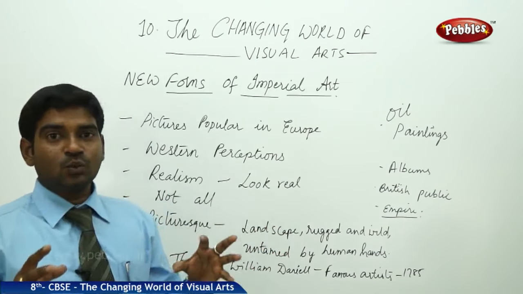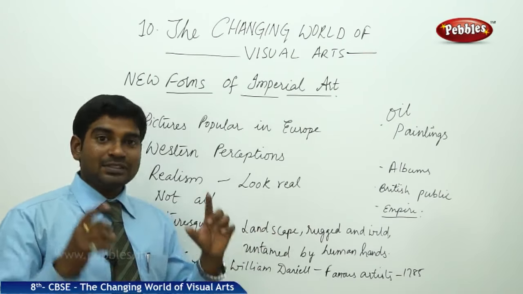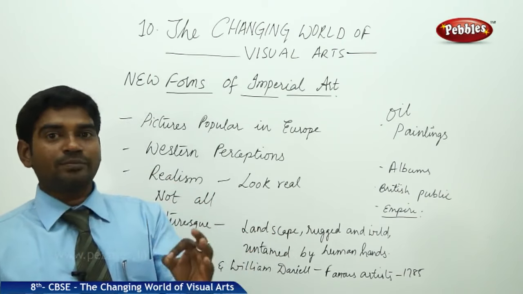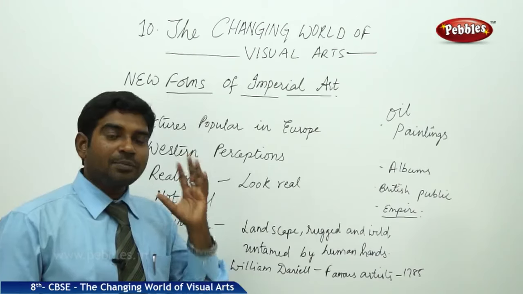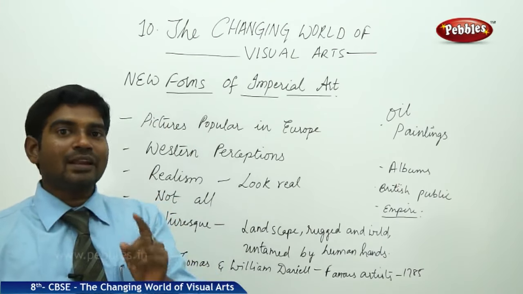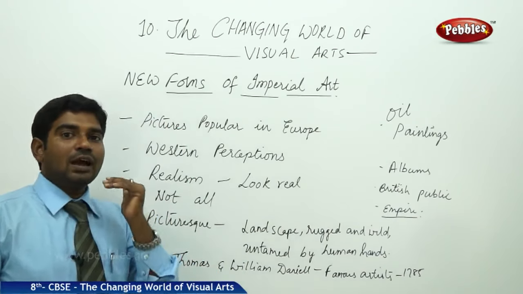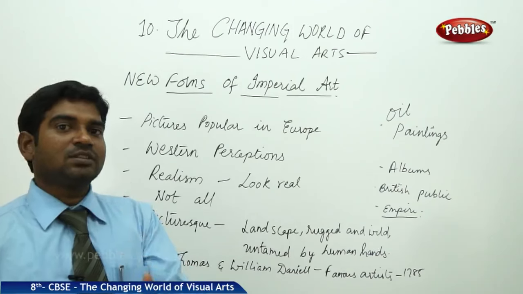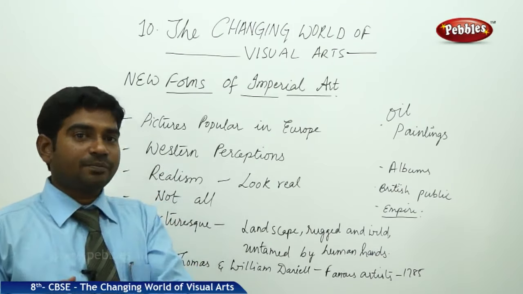It is a scenic beauty, but rugged and wild, untamed by human hands. This shows that the Britishers were here to civilize the people. The underlying message of this picture is that the Britishers were necessary to civilize this nation, this place, this group of people, the Indians.